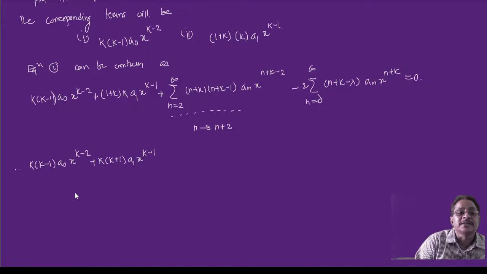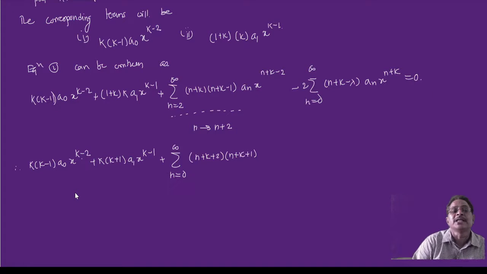Lowest power of x is this, second lowest is this, these two, plus summation over, now this time n equal to 0 to infinity. Replace n everywhere by n plus 2. So the first bracket will become n plus k plus 2 into, here I replace n by n plus 2, so n plus 2 plus k minus 1 is n plus k plus 1, that rearrangement is there.